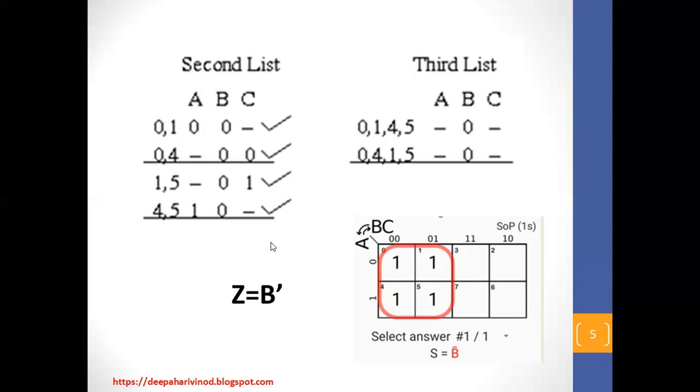If at all any change is observed, that change should be marked as dash. Only one change should be considered. If you have more than one change there, you have to discard that comparison. Those things we will check in the future problems.